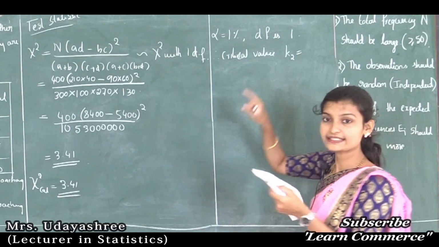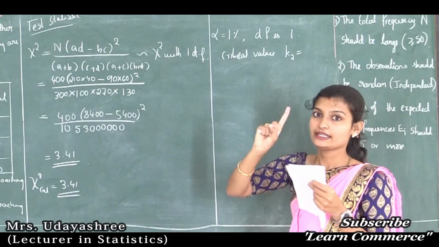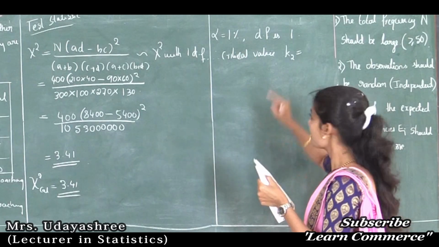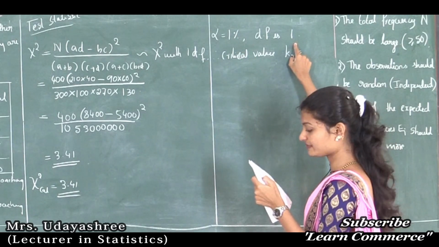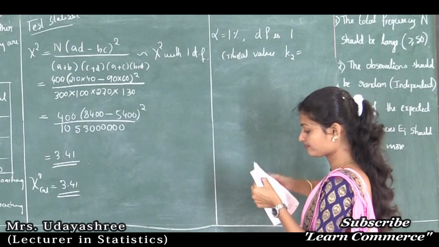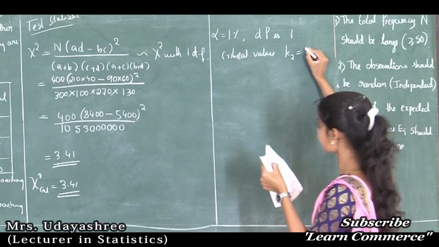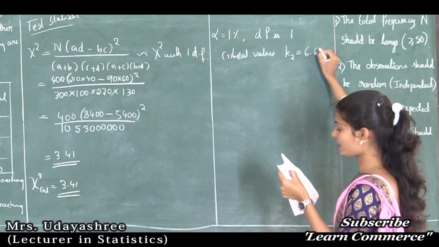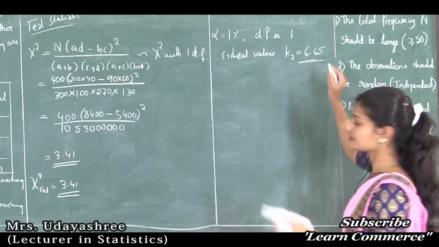Here alpha is 1% and degrees of freedom is 1. Then the K2 value is 6.65. This is the table value.